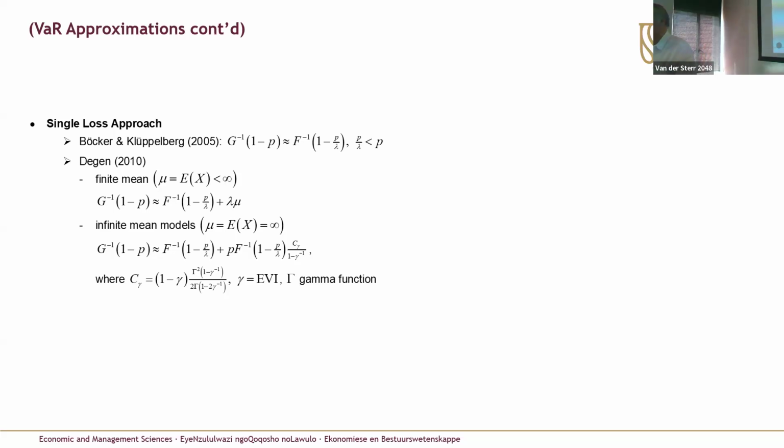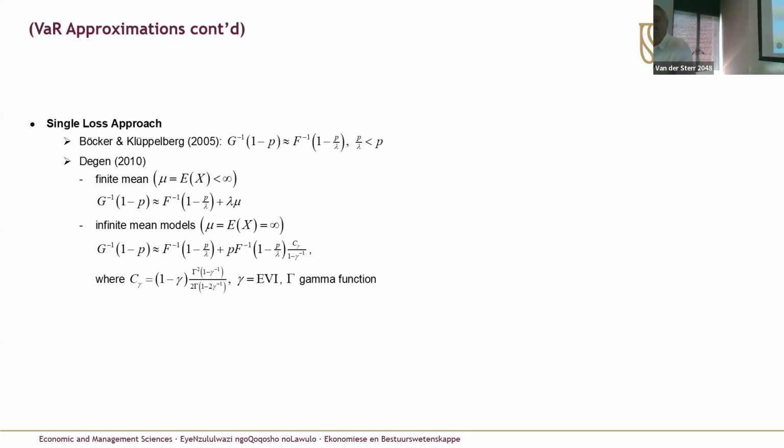And lambda is mostly an integer, and it could be a large integer, 20, 50, 100, which means that I divide that p by a fairly large number. So I make it much smaller, which means I go even further in the tail than I need it over there. Okay, so it really takes you far into the tail.